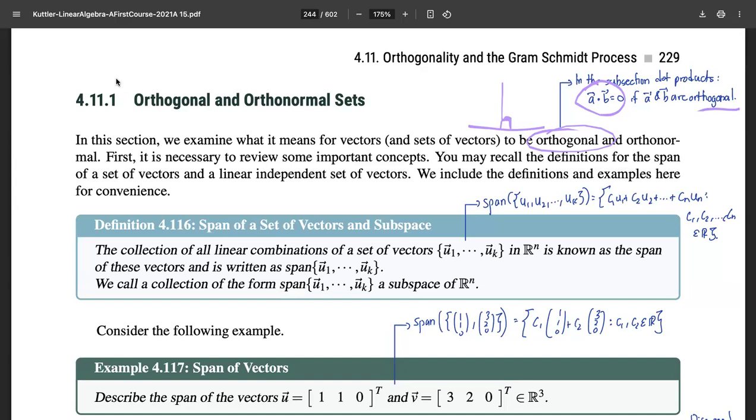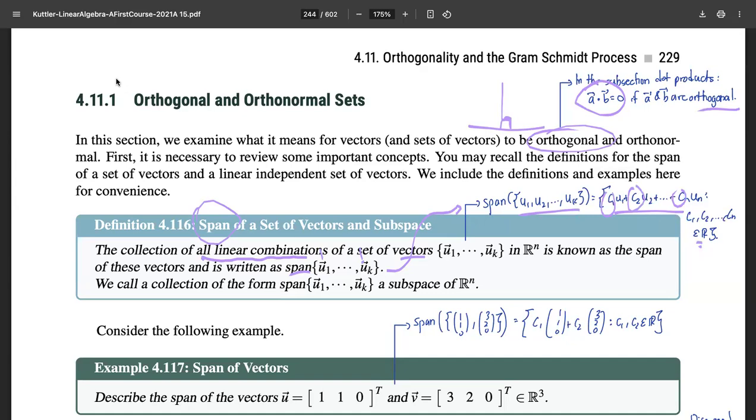So let's recall the definition of a span. The span of a set is the set of all linear combinations of its vectors. That's written as the span of the set of vectors. In set notation, the span of a set of vectors is described as the linear combinations of all the vectors, where the scalars are real numbers.